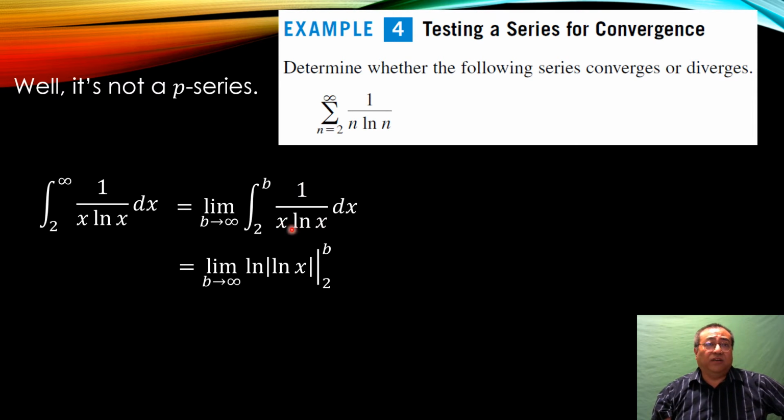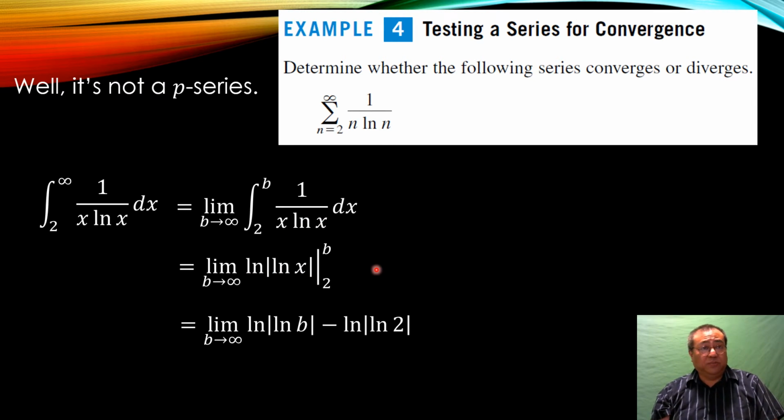If you've forgotten how this is done, the integral of natural log of x is 1 over x. So the derivative of the denominator, not counting this x, is right here, 1 over x. The derivative of natural log of x is 1 over x. Natural log of x has an exponent of 1 in the denominator, so it's the natural log of the denominator, so it's natural log of x.